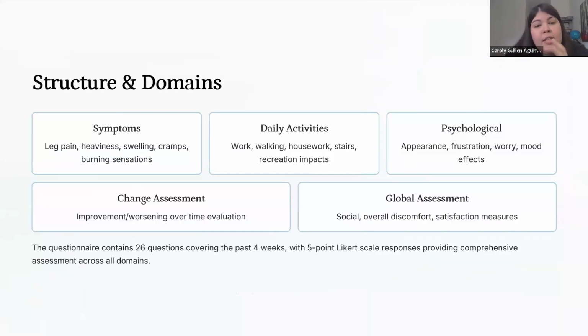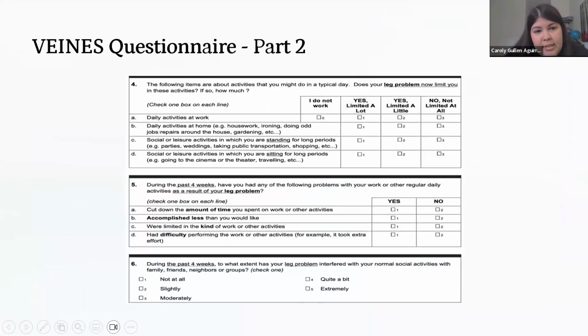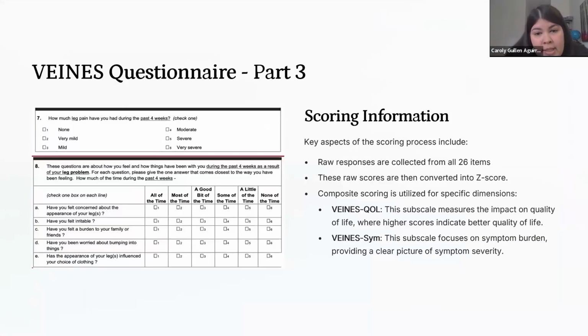The structure is symptoms, daily activity, psychological change assessment, and global assessment. And this is an example of the score here. The key aspects of the scoring process include raw responses collected from all 26 items. So this is a very comprehensive questionnaire.